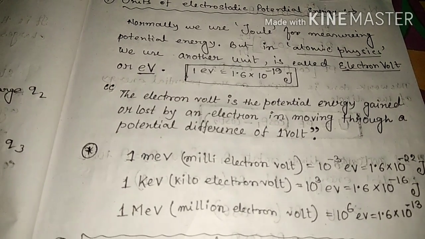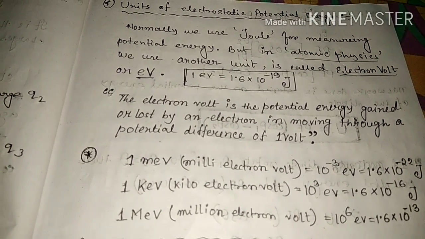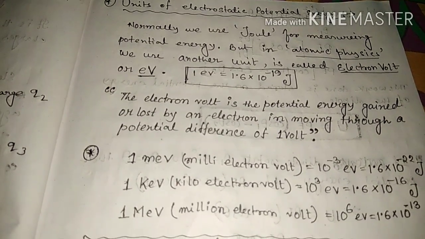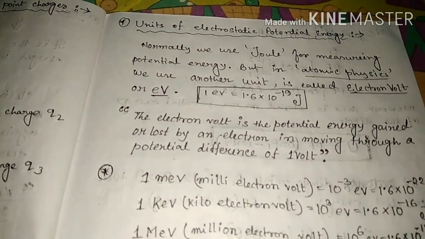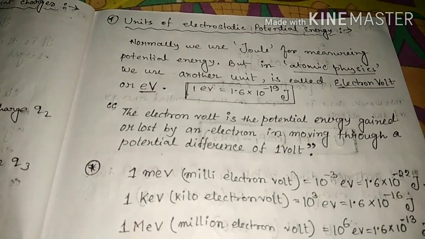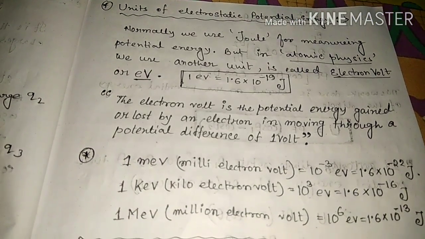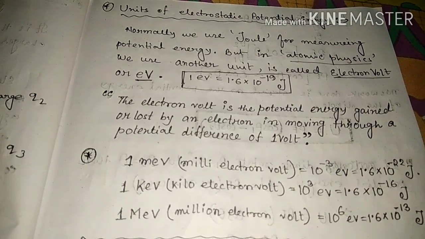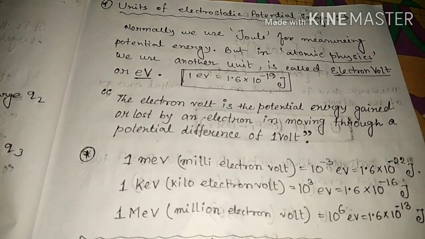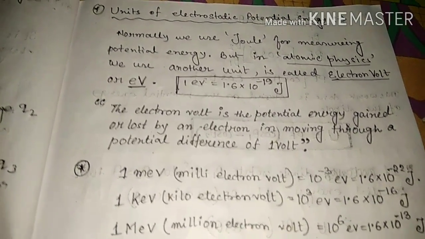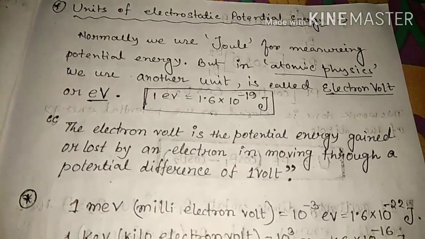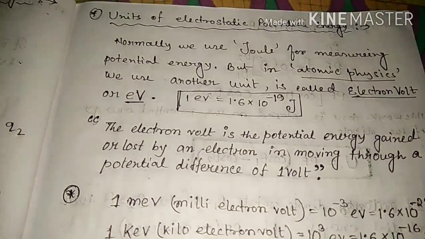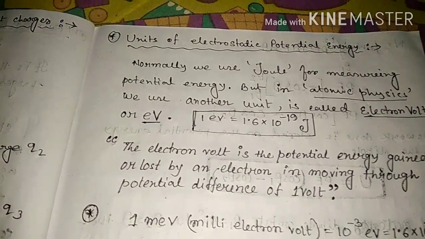Atoms are very tiny particles of matter. So in atomic physics, when we calculate energy, we use another unit of potential energy called the electron volt. It is denoted by eV, small e, capital V.